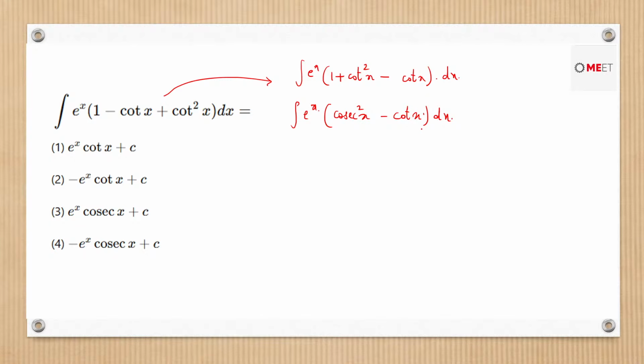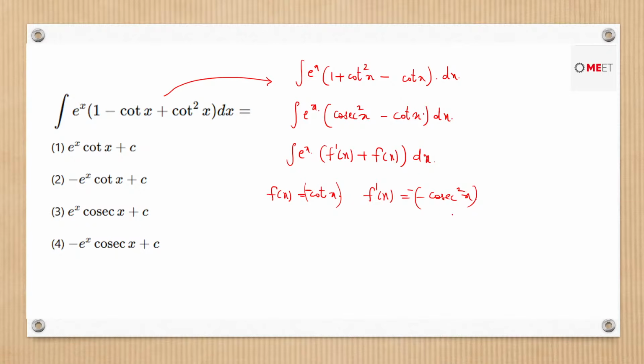So this is in the format of integral e power x into f dash x plus f of x dx. The derivative of cot x is minus cosecant square x. So here the minus is assigned to cot x. So f of x will be equal to minus cot x and f dash x will be cosecant square x, since minus of minus becomes plus.